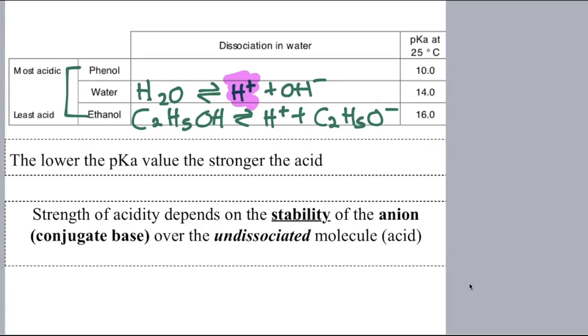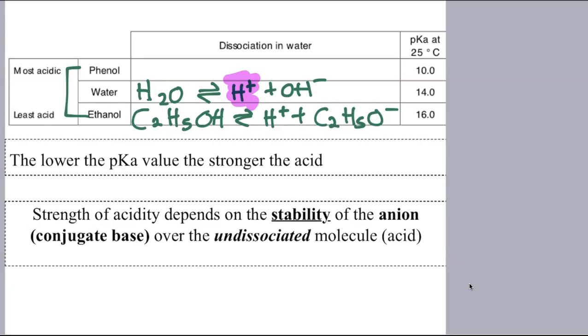One thing that you need to understand is that the strength of acidity depends on the stability of the anion over the undissociated molecule. This means that if you have more ions formed in your equilibrium, that means more acidic. I hope that is quite obvious. More ions formed means you are favoring the forward reaction, which is the dissociation or the ionization.